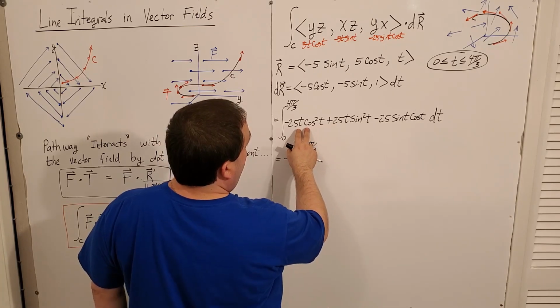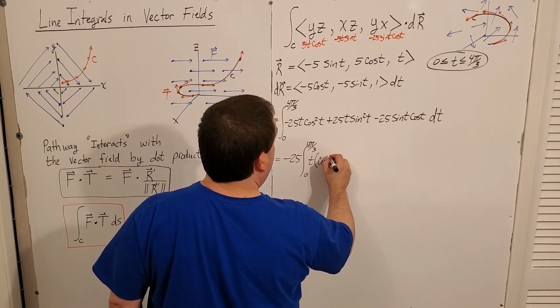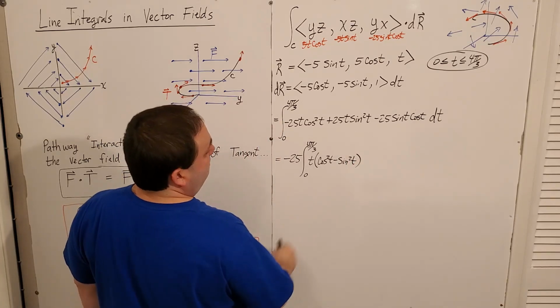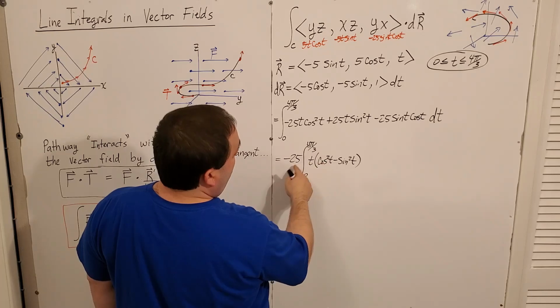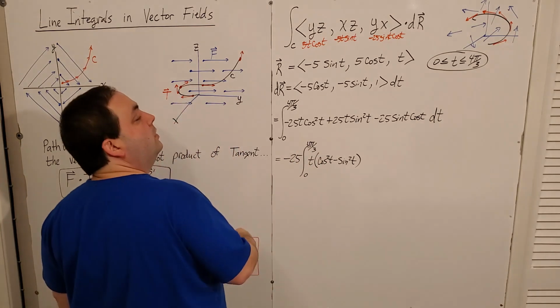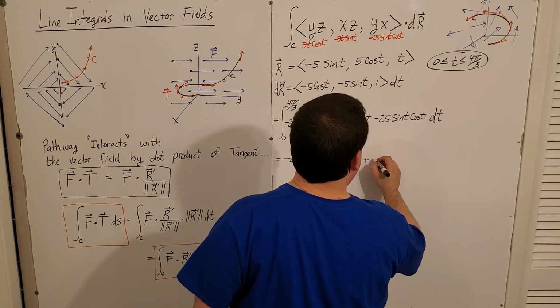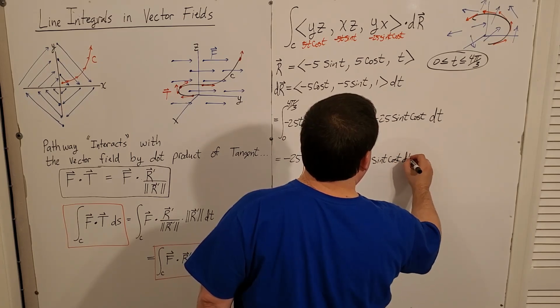I'm going to have t times cosine squared minus sine squared, like that. Now the t is only common to these two, which is why I didn't pull it all the way. Well, of course I couldn't pull it out of the integral sign anyway. And then right here I'll have plus sine t cosine t dt.